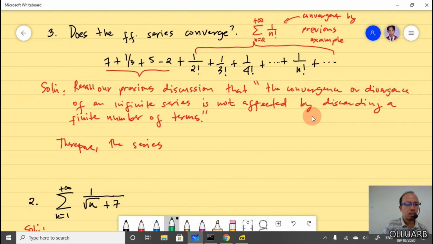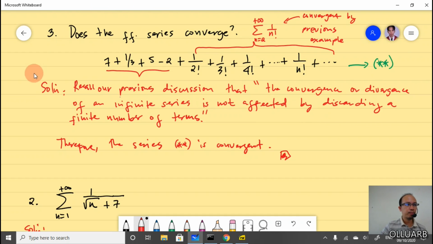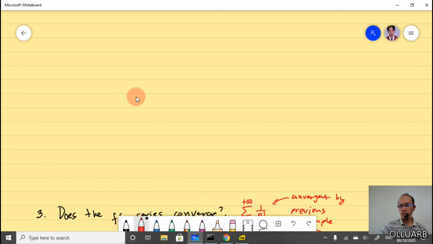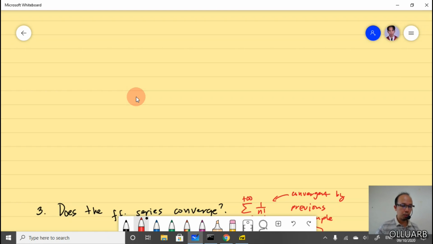The series, this one, we denote as double asterisk. The series double asterisk is convergent. Okay, so that's how you are going to solve if you encounter that kind of situation.